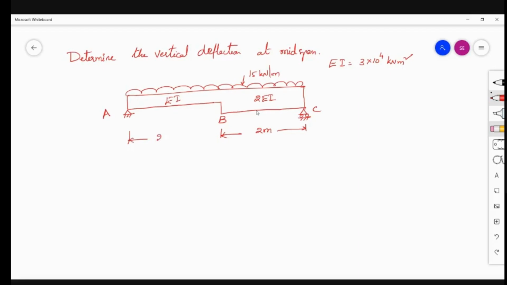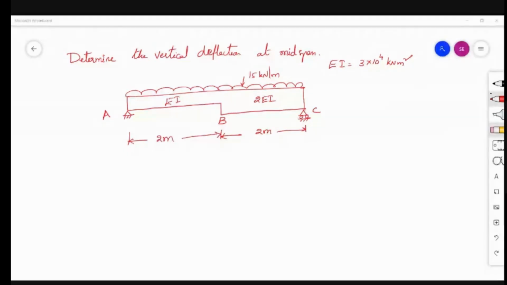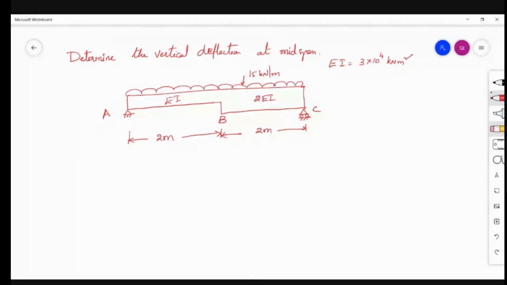This is 2 meters. For this, they are asking us to calculate the vertical deflection at midspan, that is at B.